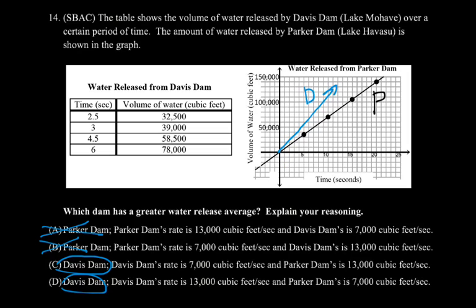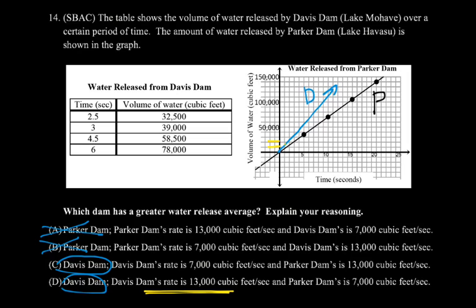My first line is 10,000. This point right here is going to be above 10,000, which would lead me to believe that the 13,000 cubic feet is my answer. But I don't know for sure. To be honest, my graphing is not perfect, and this grid is so tiny, so I'm not going to depend on my perfection here.